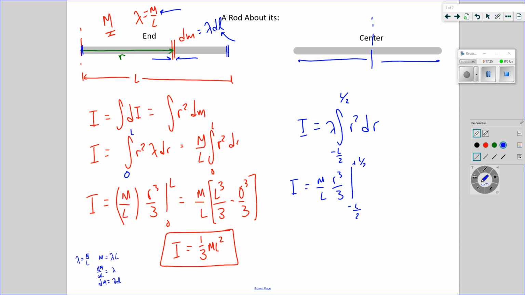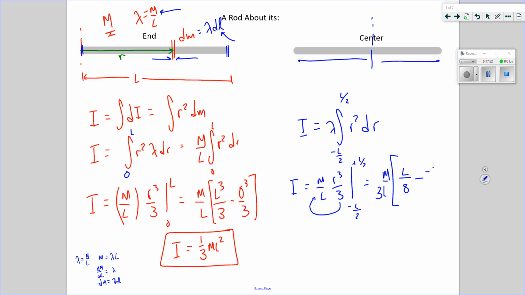So that means that's m over L. Let's see, L over 2 cubed is L cubed over 8. I'm going to pull this 3 out too. And then all we have to do is this: L cubed over 8 minus, well, negative L over 2 cubed is negative L cubed over 8.